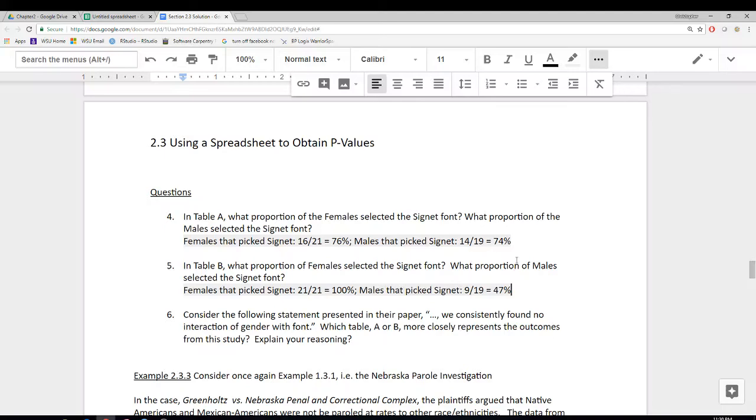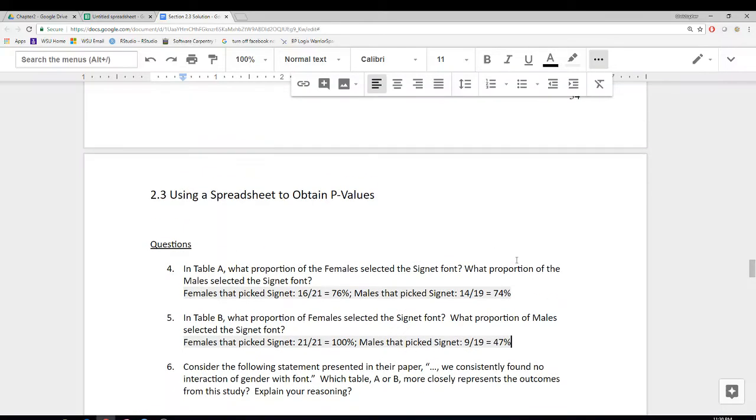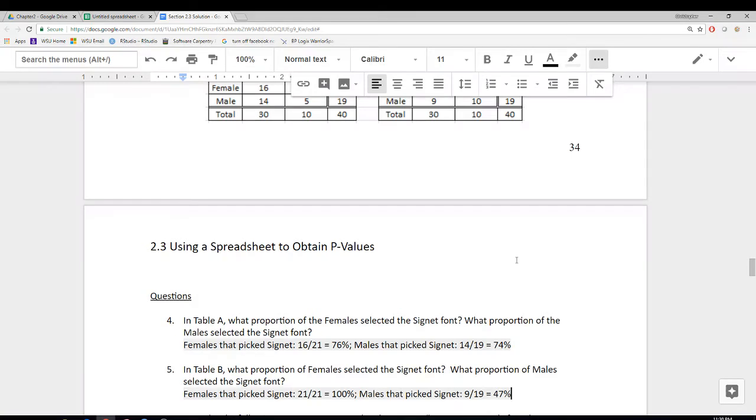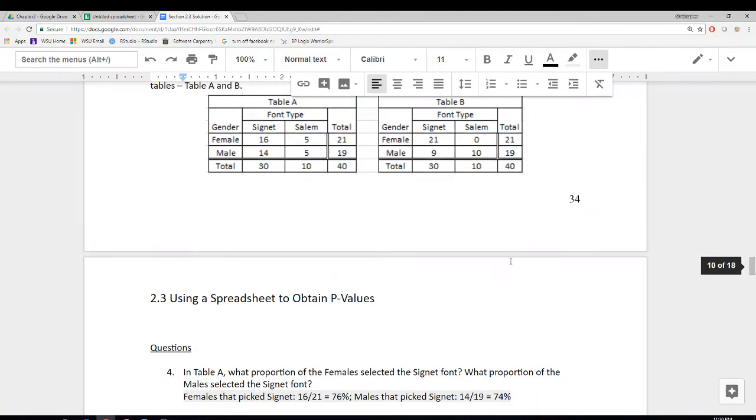So these two tables produce very different outcomes. We can see that the rate at which genders pick the Signet font in Table A is pretty similar: 76% of the females pick the Signet font, whereas 74% of the males pick it.